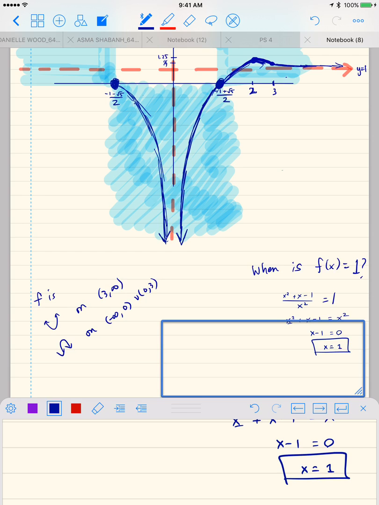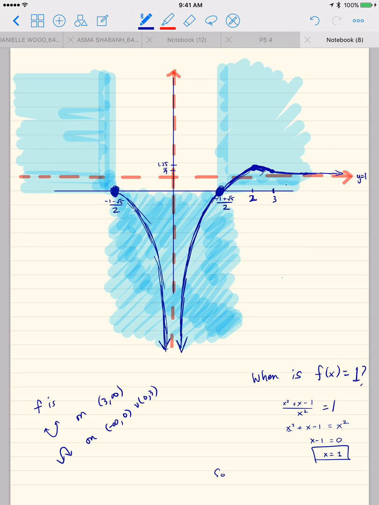So the only time f of x crosses, I think I'm writing this sloppily. So here's what I want to say.